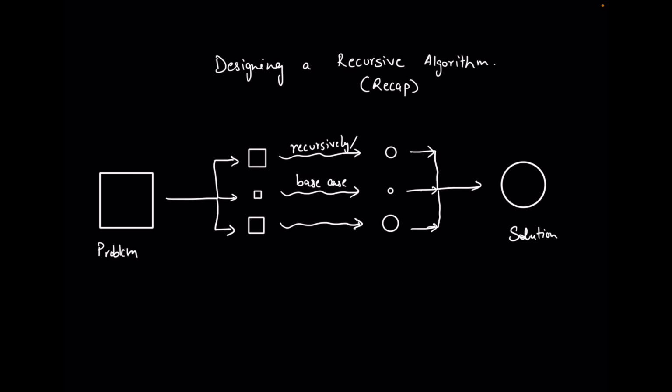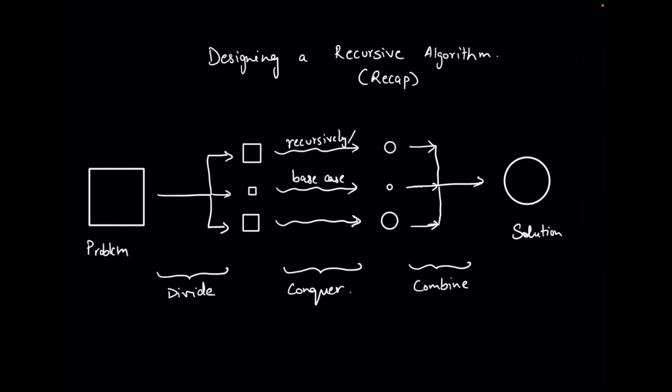Now, a few things that I wanted to point out here were that the step in which we break the problem down into its constituent subproblems or its relevant subproblems is known as the divide step. The step in which we solve these subproblems recursively, or if it's a base case, to get the solution to these subproblems is known as the conquer step.